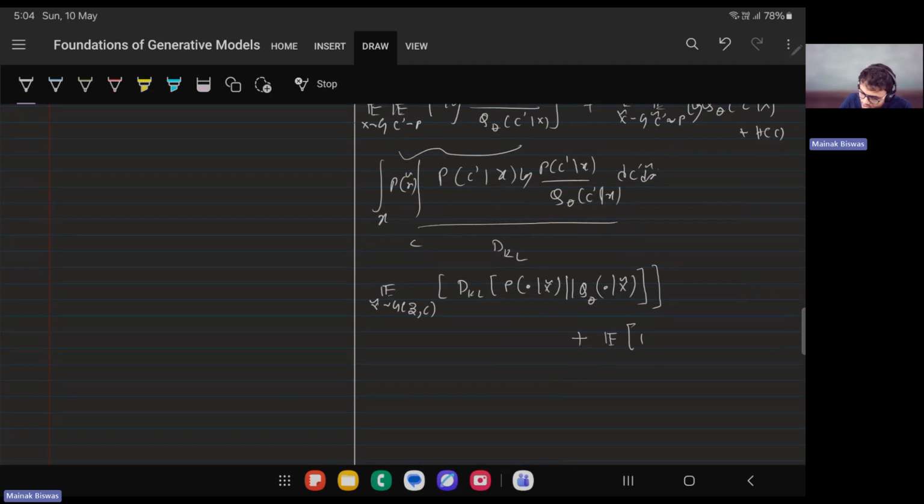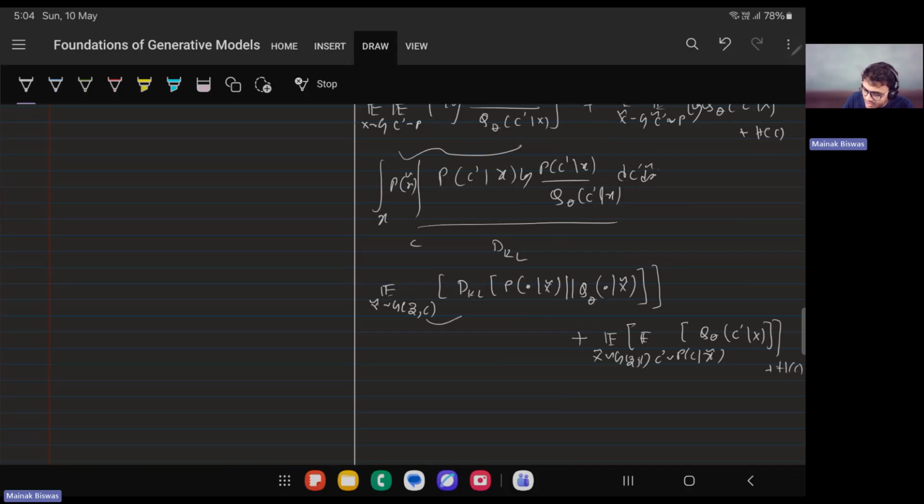This is actually not required from next time; we'll just approximate it with a neural network. We have done it before as well, but I'm just trying to show that this is the same idea. Q theta(C dash given x) plus H(C).